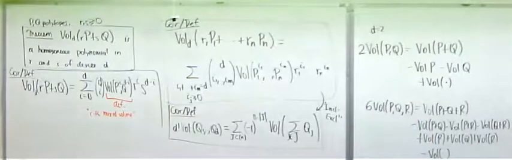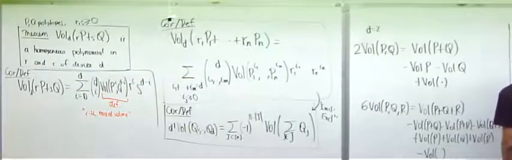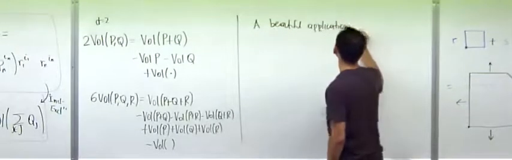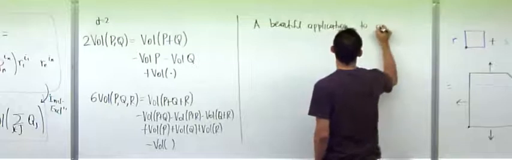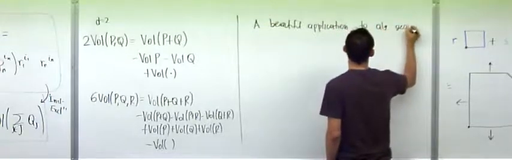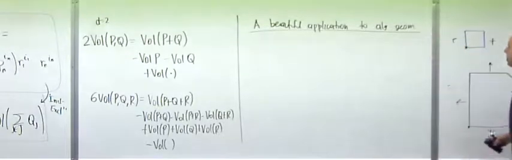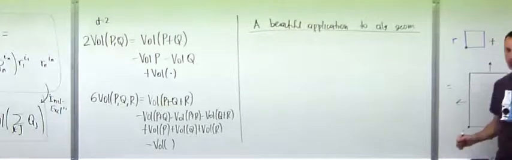Okay, so what I want to show you, and one of the main reasons that I wanted to show you all this stuff, is that there's a really beautiful application. A beautiful application in algebraic geometry.